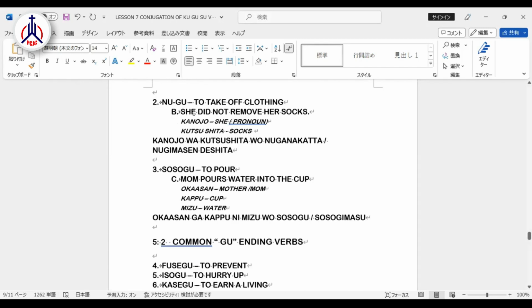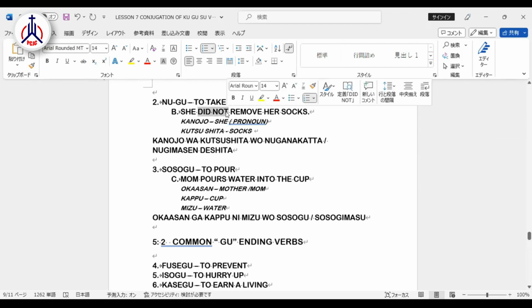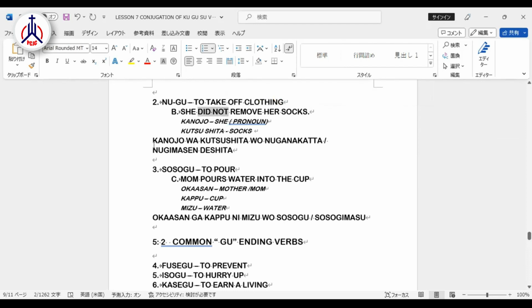So this will become a negative sentence, right? So kanojo wa kutsushita wo nuganakatta. Negative form of did not, and then past tense. Okay?